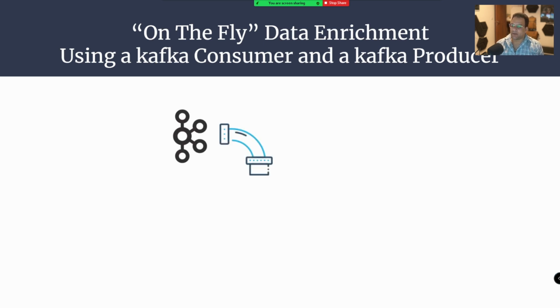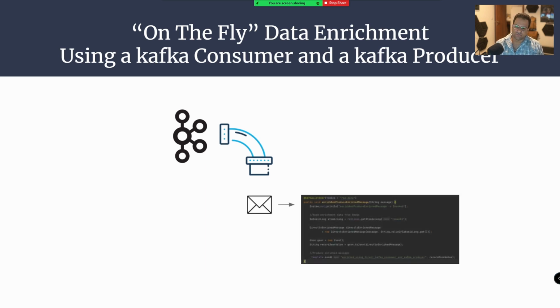So in this example, we are going commando mode, and we basically are opening a Kafka consumer to receive a message from a topic, and per each message that we are getting, the event handler is making a call to an external data source, fetches some data, and produces an enriched message to the destination topic, to the enriched data topic.